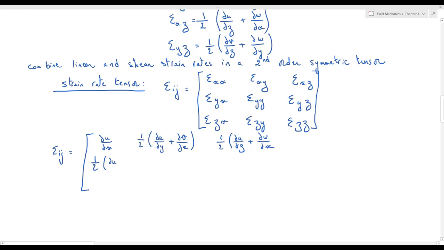So epsilon yx is half del u over del y plus del v over del x. Epsilon yy is del v over del y, and epsilon yz is half del v over del z plus del w over del y.